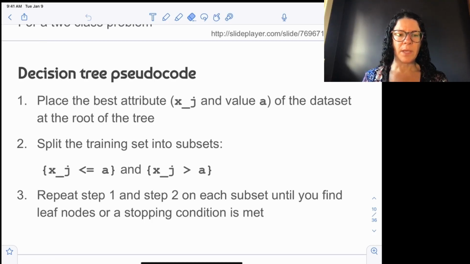Then you repeat steps 1 and 2 in each subset. So you recursively split subsets until you have nodes that are pure or some stopping condition is met. Does it make sense? Hopefully it makes sense.